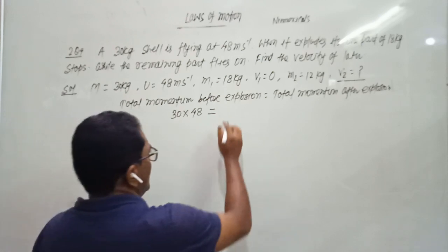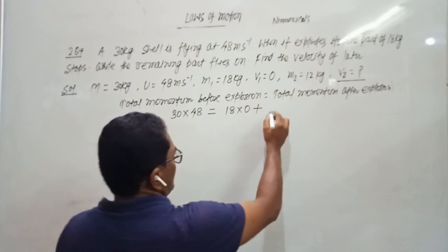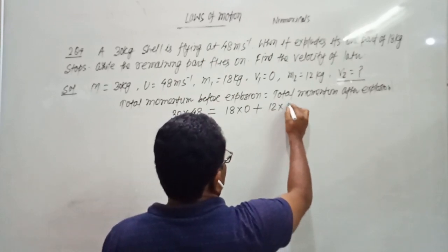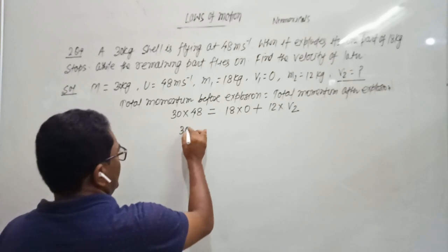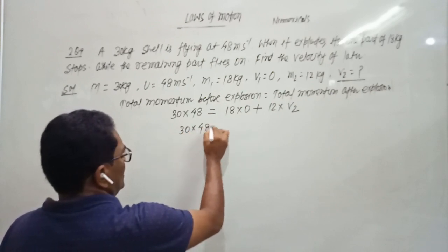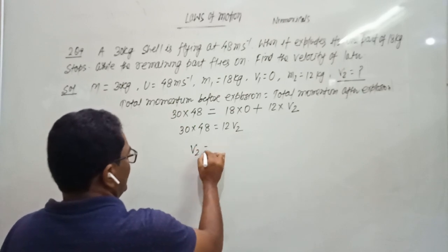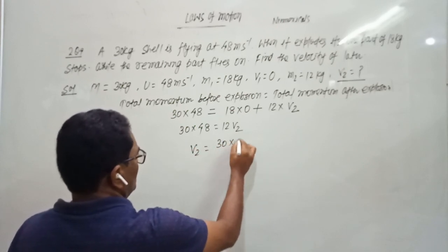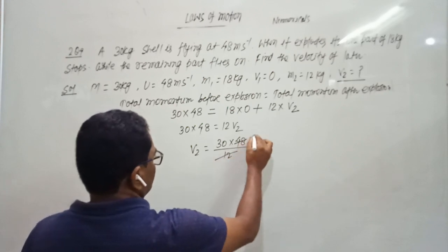The mass of the first part is 18 kg and its velocity is 0. The mass of the other part is 12 kg and its velocity we have to calculate. So 30 into 48 is equal to 12 into V2, and V2 equals 30 into 48 upon 12.